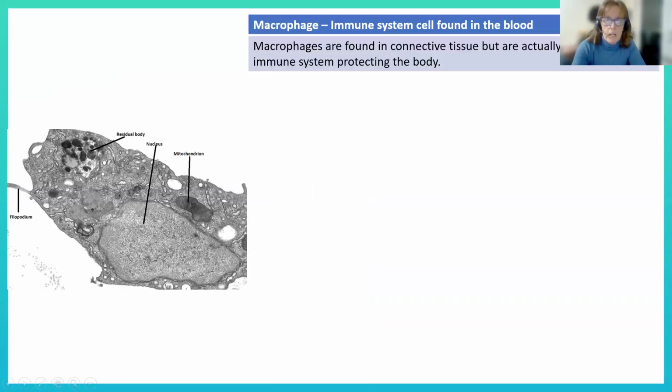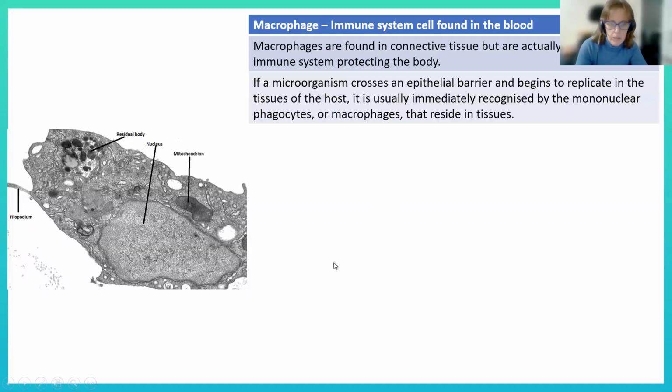Okay, we're going to have a look at a specialist connective tissue cell now. This is a specialised blood cell, a macrophage, or macrophage, some people pronounce it. Macrophages are found in connective tissue and blood. They're part of the immune system, and they go around protecting the body from infection.